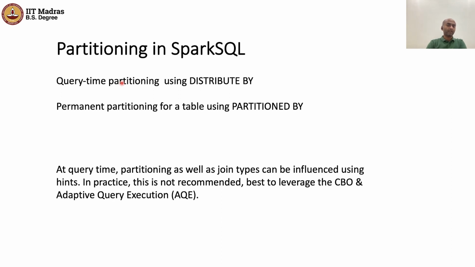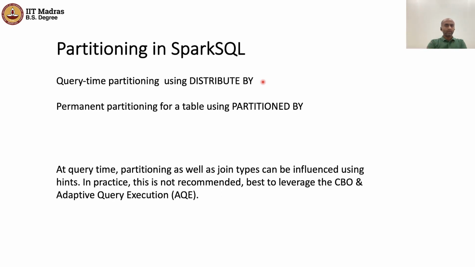It's query time partitioning. Query time partitioning is done by using a specific set of keywords called DISTRIBUTE BY, and here you could use an expression which is a function of the columns that you want to distribute by. But in most cases, most examples will just directly use the columns themselves, either the key column or the surrogate key columns in concatenation.